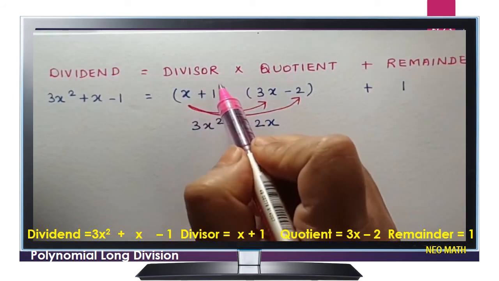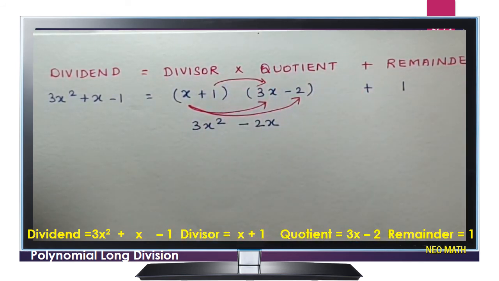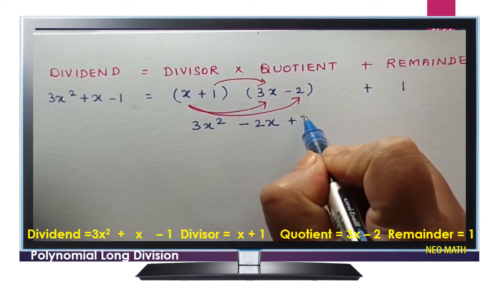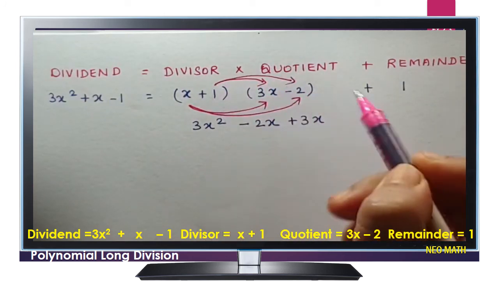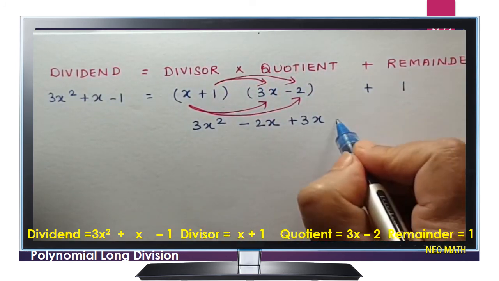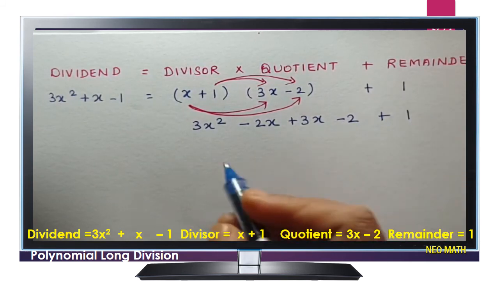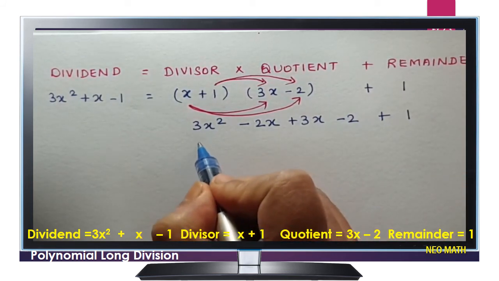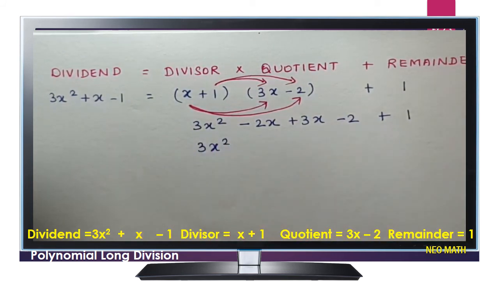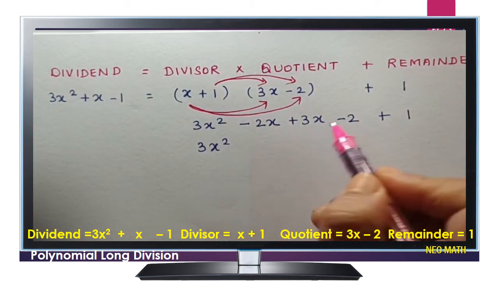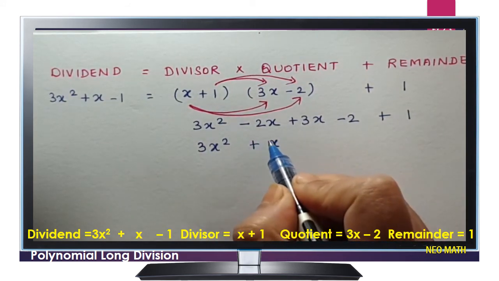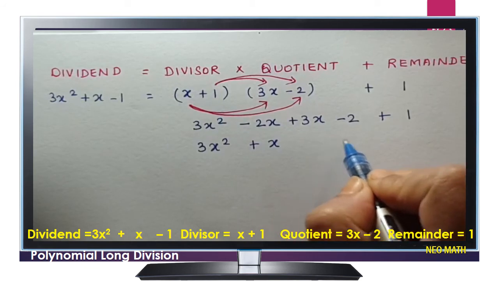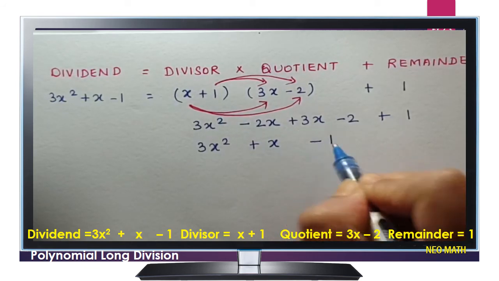Next 1 into 3x is plus 3x, then 1 into minus 2 we get minus 2, plus 1. Next, minus 2x and 3x are like terms, isn't it? So minus 2x plus 3x we get plus x. 3x square stays. Minus 2 plus 1 is minus 1.